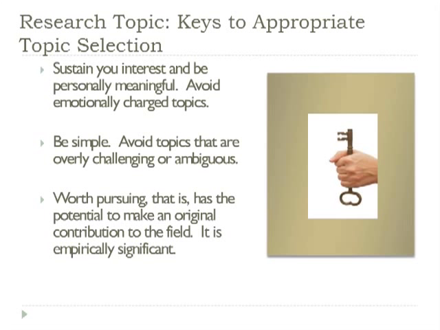And if you write about that topic, you may not be willing and able to accept criticism about that topic. So it's really important, especially for the dissertation process, that you not have a topic that you're too emotionally charged about, because you do need to be able to accept criticism and constructive feedback about your writing and about your manuscript. So make sure it's something that sustains your interest, but it's not too emotionally charged.